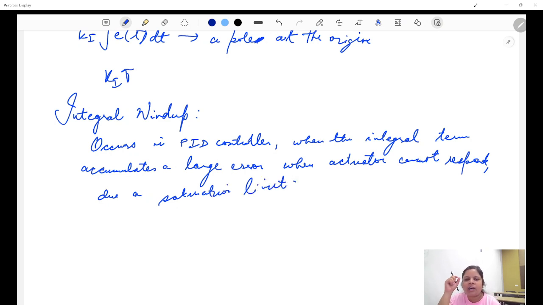If the controller's output hits a limit, for example the motor's max speed or torque, but error remains large, say during a large set point change, the integrator keeps accumulating error even though the actuator cannot respond further. Once the error starts decreasing, the integrator is still charged, causing the system to overshoot, oscillate, or take longer to settle.